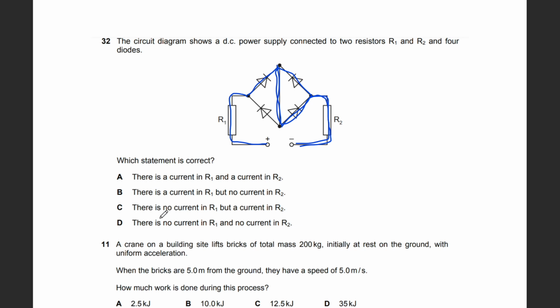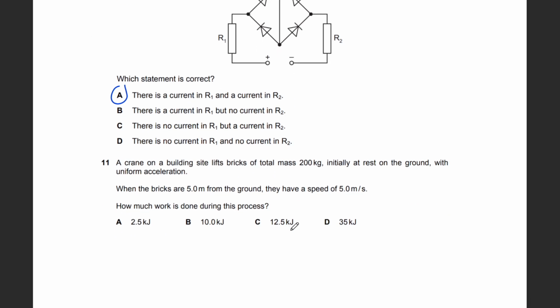So there is a current in R1 and also in R2, so we can say that it is A. We just need to trace the current, and current will not enter if the diode is in the wrong direction.